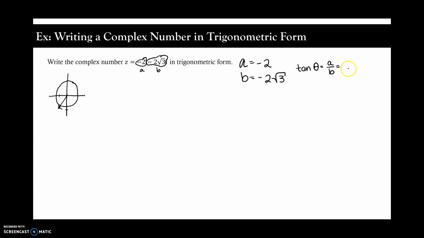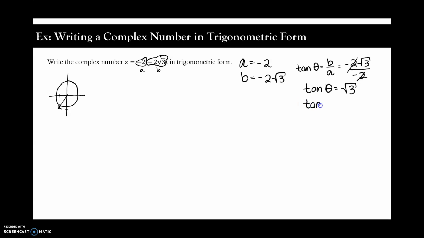So that's going to mean that tangent of theta is equal to b over a. Sorry about that, guys. Negative 2 square root of 3 over negative 2. These are going to cancel out, so tangent theta is going to equal the square root of 3.